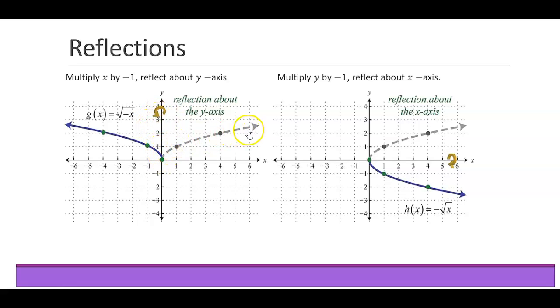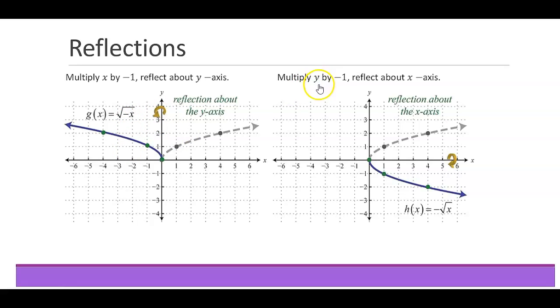So instead of being in quadrant 1, I'm over here in quadrant 2. Well, 0, 0 doesn't change, but now I have -1, 1 and -4, 2. So that's what multiplying x by a -1 does, reflect about the y-axis, mirror image over the y-axis.